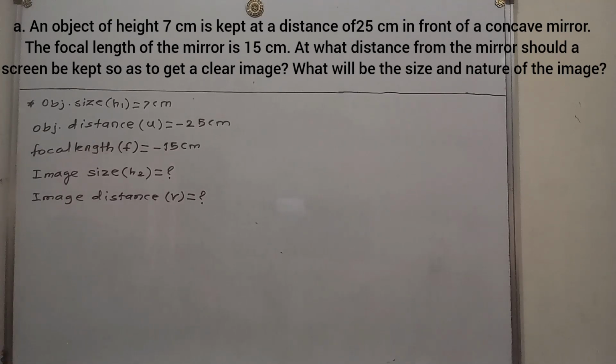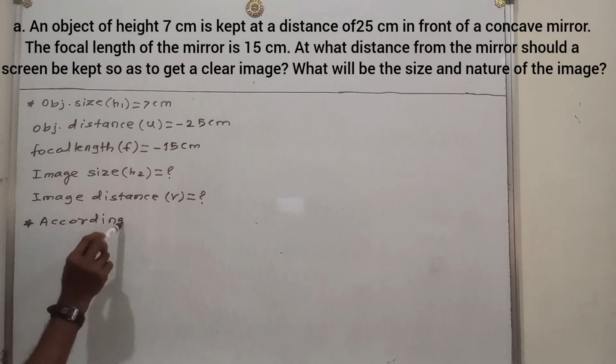Now we apply formulae. We want two formulae. First, mirror formula. First we use mirror formula.